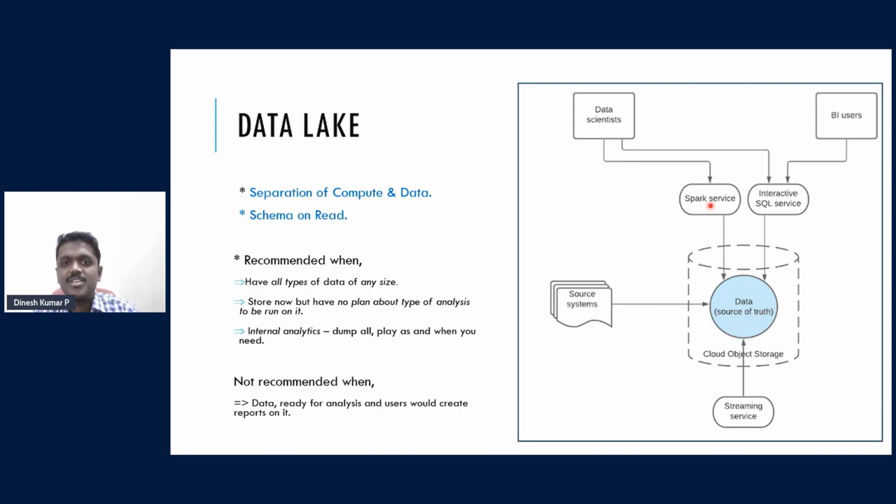The data scientist will be choosing 50 columns and working on it, whereas the BI users will be choosing the same 50 or different 30 or different 40 columns, and they'll be working on it. All these three will be separate. There will be no merging or overlap at all, right?